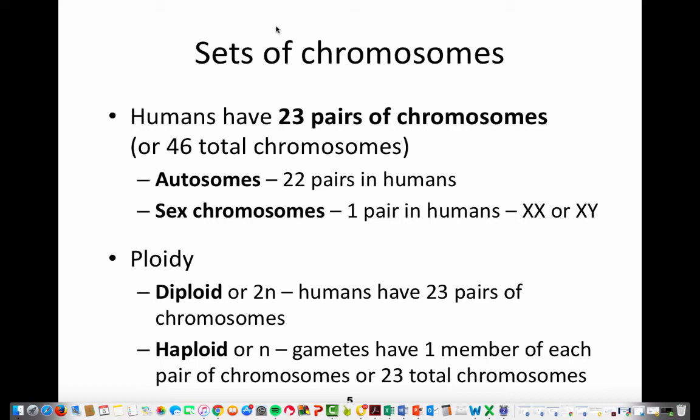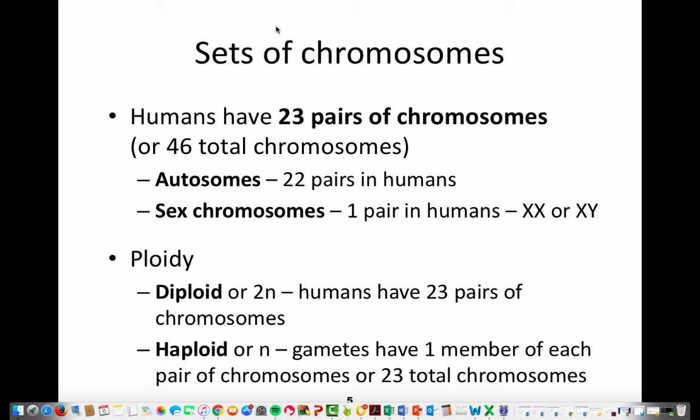By itself we have one set, and so 2N here is what's considered a normal cell, right? And what I mean by normal cell, I mean a somatic cell. That's anything like a liver cell or skin cell or anything like that.